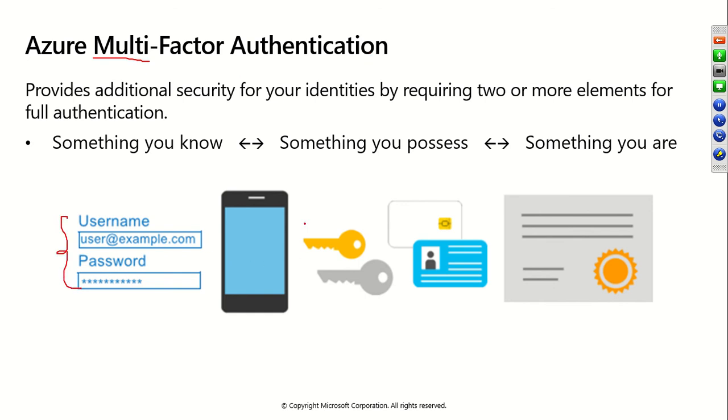After that, they must provide a key or a certificate before they can connect. They can also be asked to provide some other devices before they can connect. And this one refers to password as something you know, right? Something you possess is this one.